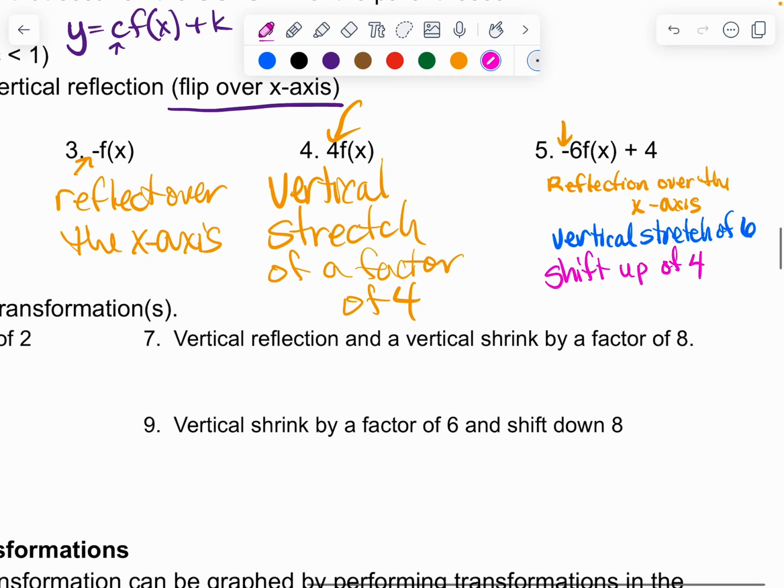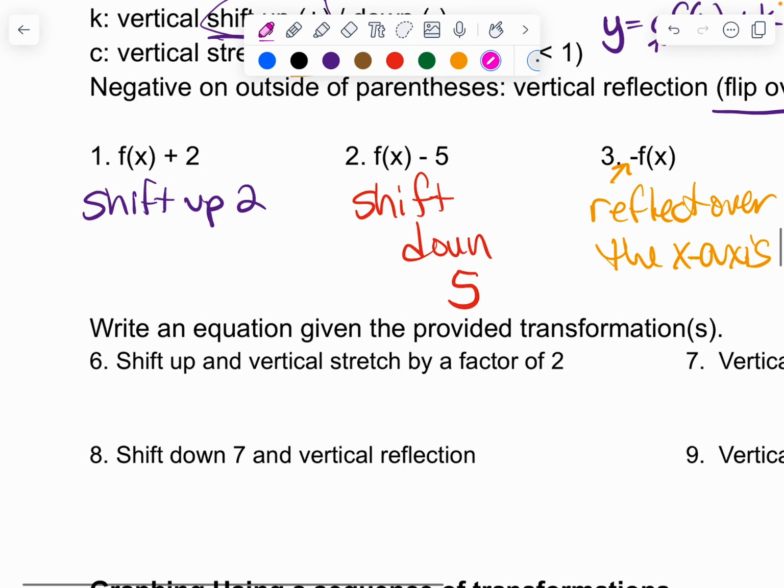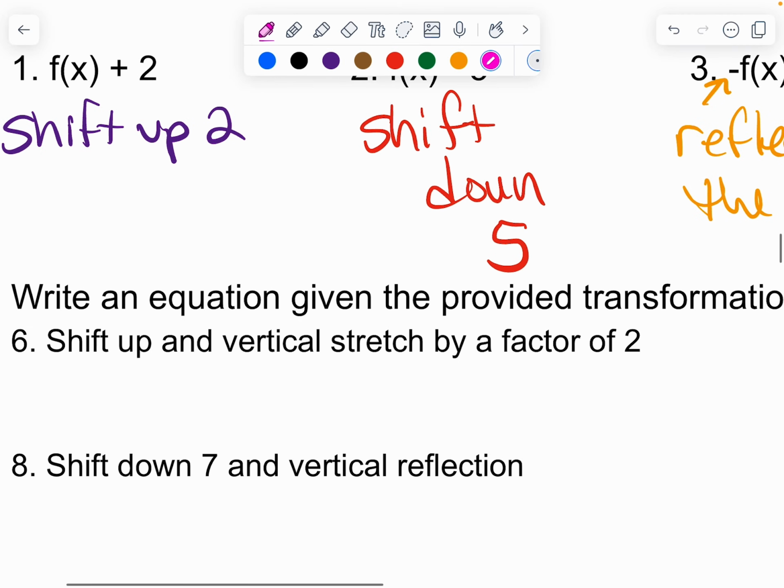Okay, so then we come down here. We're going to write an equation. So the f of x part is not going to change. That part's going to stay the same. But it says we're going to shift up, and I forgot to write a number there. So we're going to say we shift up 6. So that means plus 6. Then we have a vertical stretch of factor of 2.